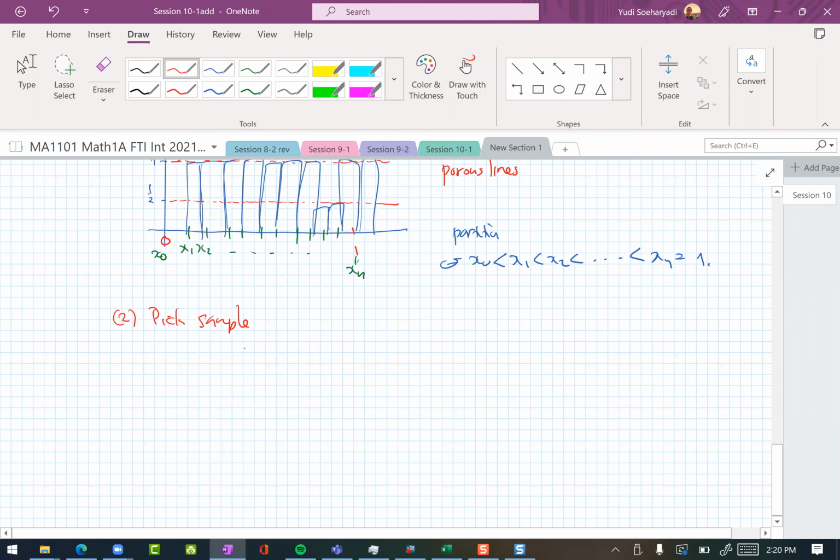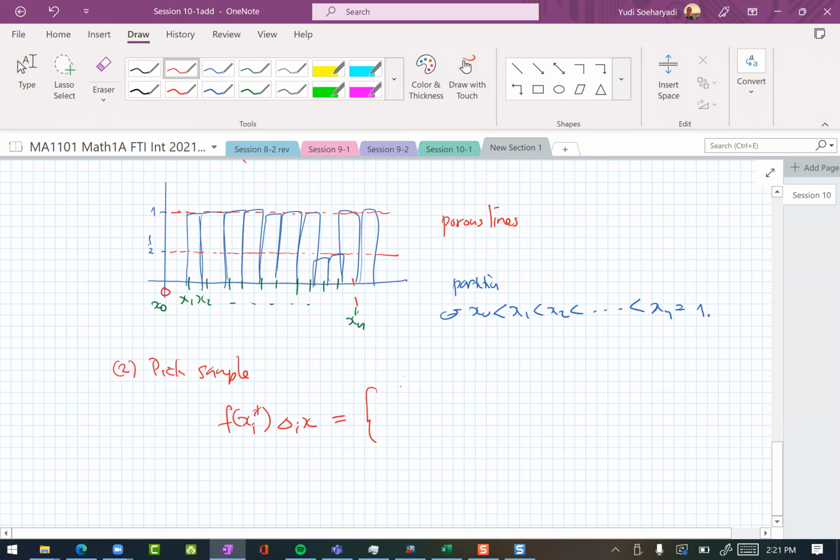Okay, so a sample should be delta x. The thing here is that if our representative is rational, then it's just x.